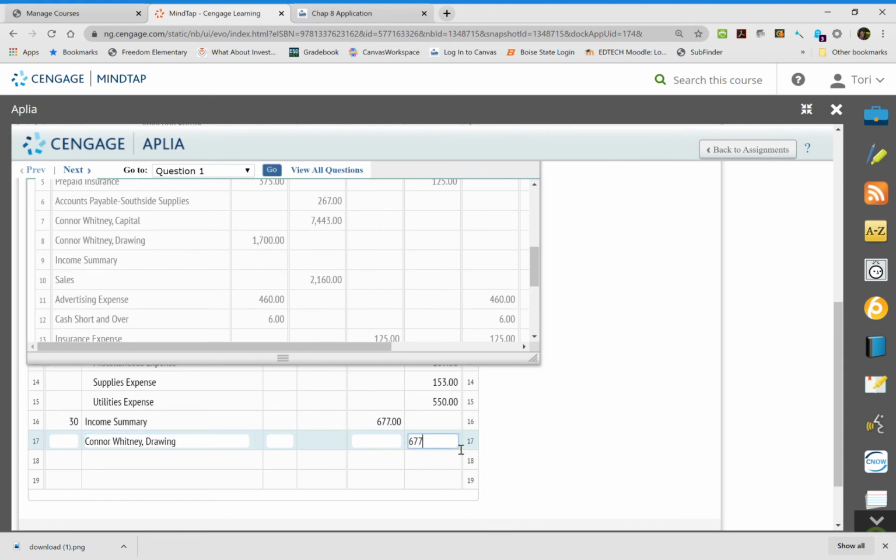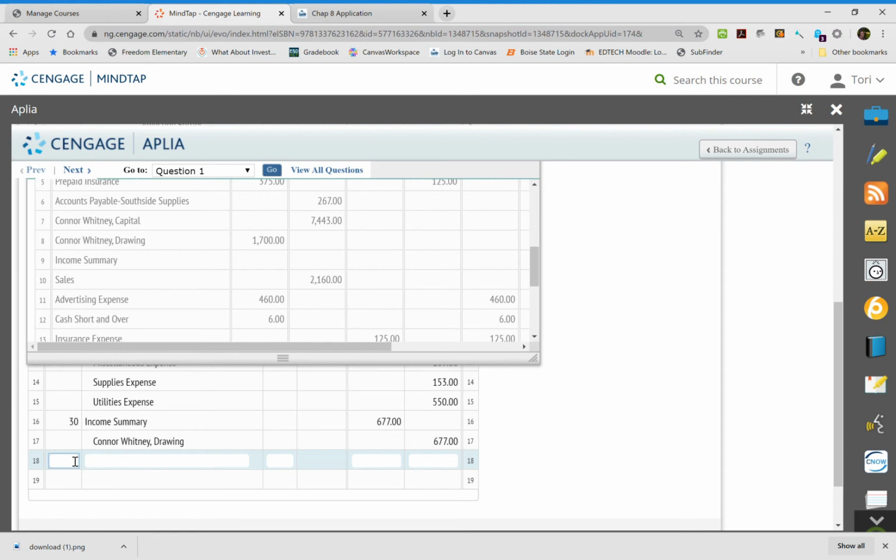Now, if this was a net loss, meaning our expenses exceeded our sales, then these two things would be flopped. So if this was a net loss, our drawings would be up top and our income summary would be below. But right now, this is showing that we're going to actually add $677 from our income summary into our capital.